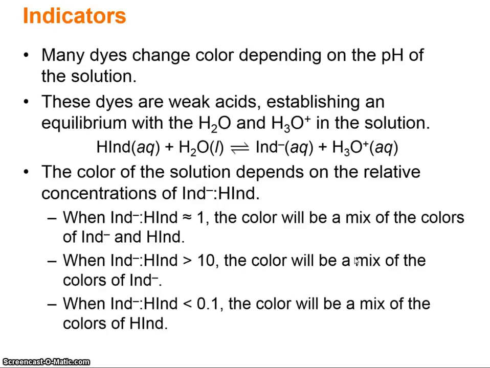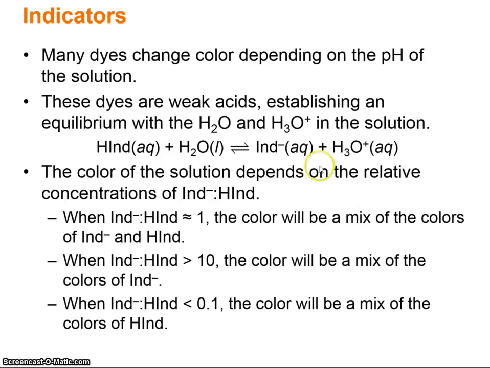Those are actually pH sensitive dyes, and what's happening is that you've got the dye molecule, and because K is dependent on temperature, pH is dependent on temperature, the degree to which you've got the protonated versus the unprotonated form of the dyes changes, and that's how they end up changing color. The dyes are weak acids, and they're in equilibrium with the H3O+ and H2O in solution. The color depends on the relative concentrations.